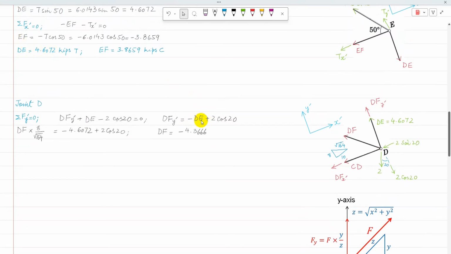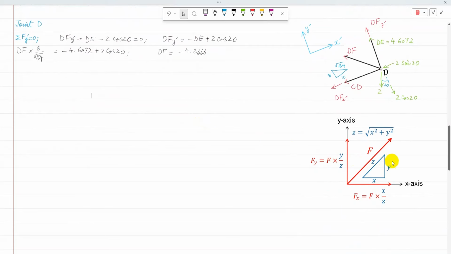By substituting the value of dE into dFy', that is a y component, I'm going to use triangles to find the component. If in a triangle the horizontal side is x, the vertical side is y, and the diagonal is z, then Fy is force times the y side of the triangle divided by the diagonal or hypotenuse.